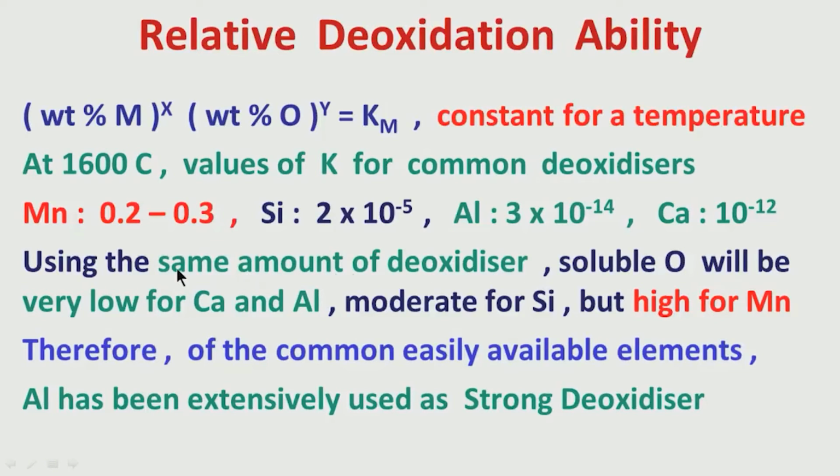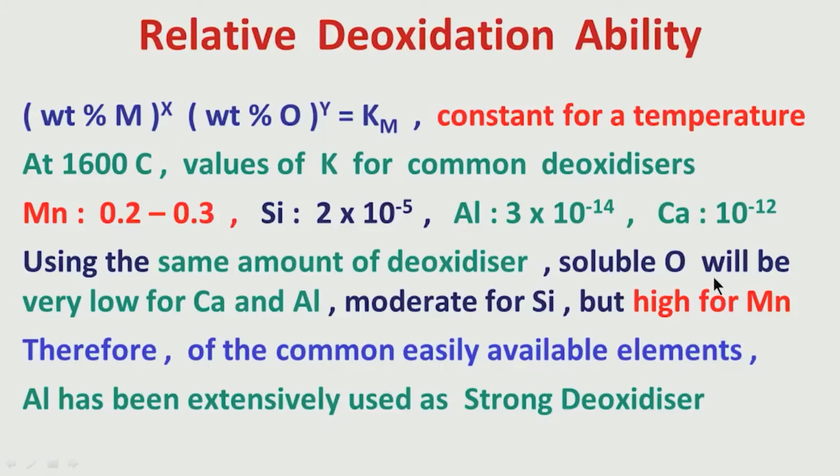So, using the same amount of deoxidizer, that means if the amount of M is fixed, if the value of K is low, then the soluble oxygen also will be low. From this relation we can tell that soluble oxygen will be very low for calcium and aluminum, moderate for silicon, but high for manganese.